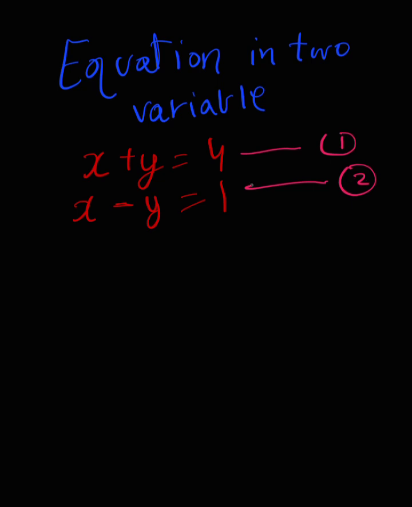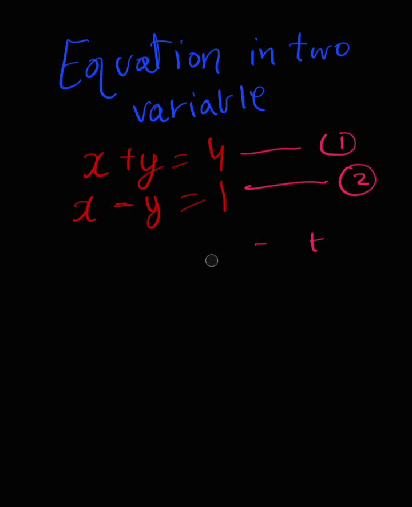From these two equations we have to eliminate one variable, either x or y. Now how will we eliminate x or y? We can either add or subtract, and then we can eliminate the variable.